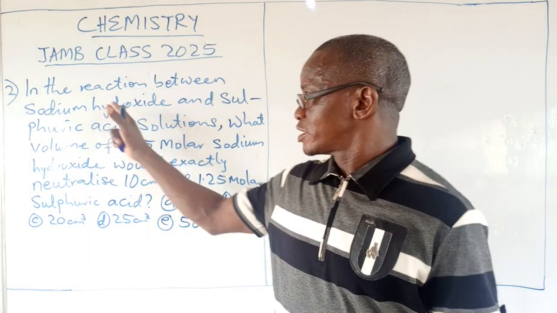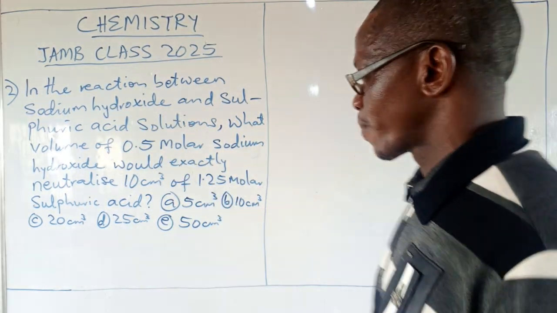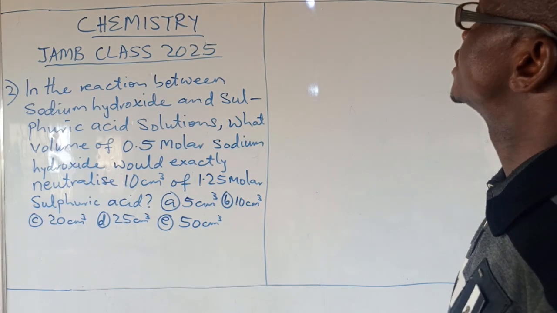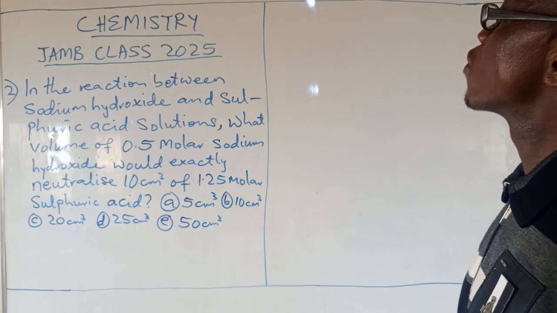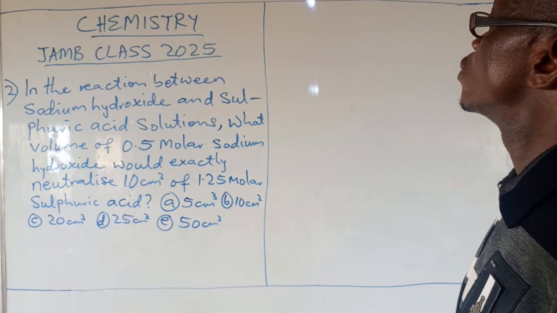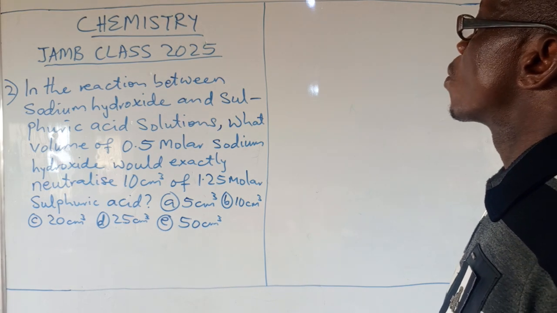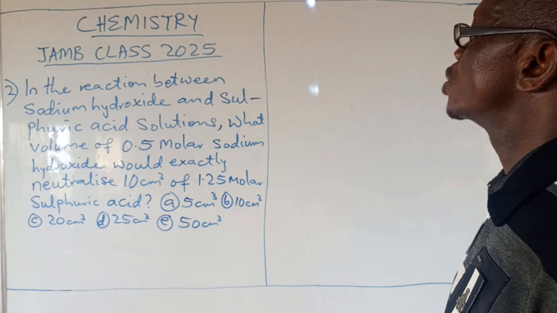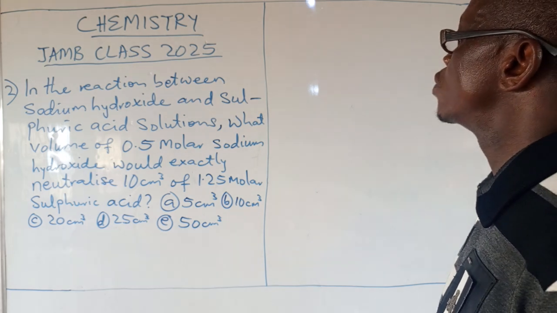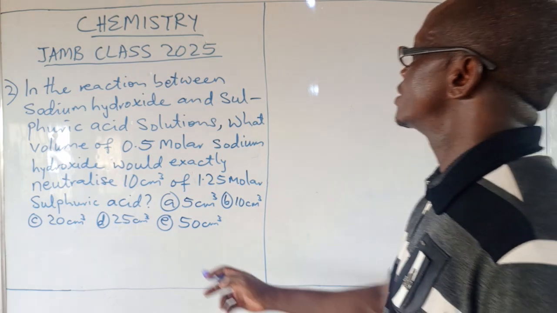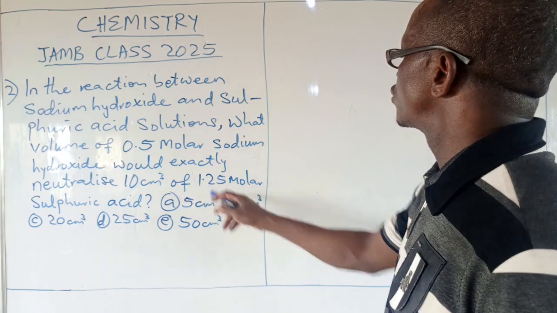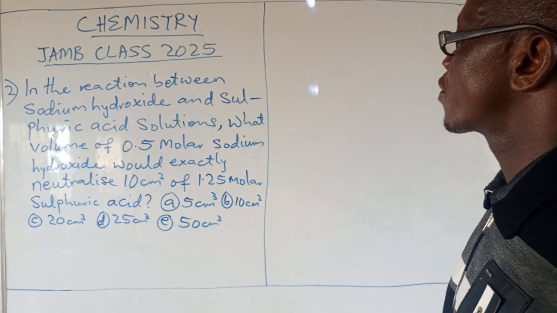Okay, now let's see this other question. In the reaction between sodium hydroxide and sulfuric acid solutions, what volume of 0.5 molar sodium hydroxide would exactly neutralize 10 cm cube of 1.25 molar sulfuric acid?